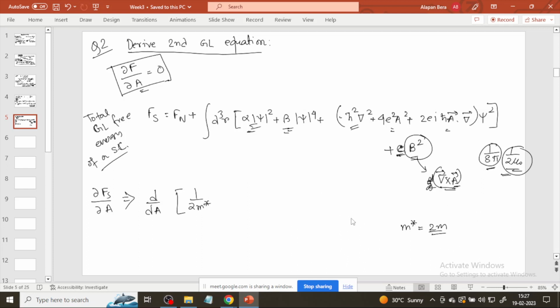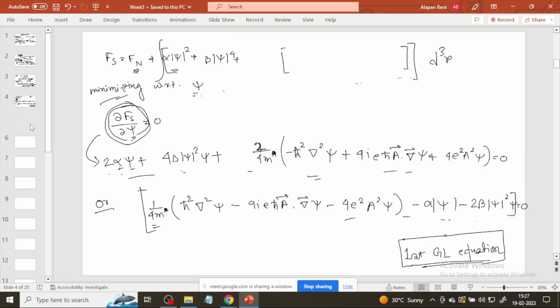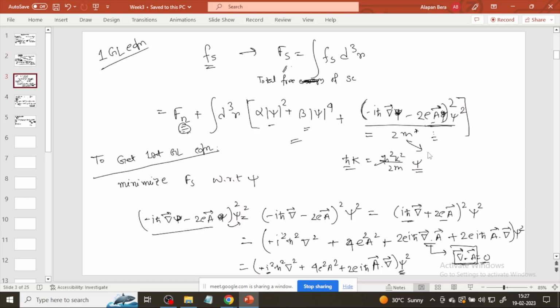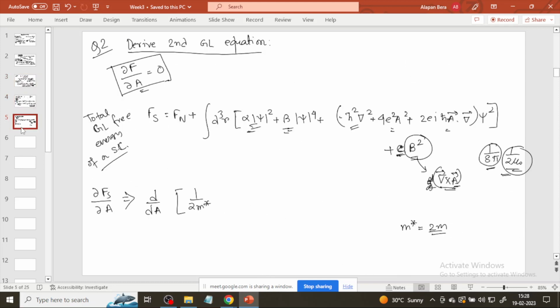When we put m star equal to 2m, we get 4m. It's not star anymore, so this is the mass of the electron. And here, when we put it in the form 2m star, it is the mass of the Cooper pair. So these small things we have to keep in mind to get the exact solution.